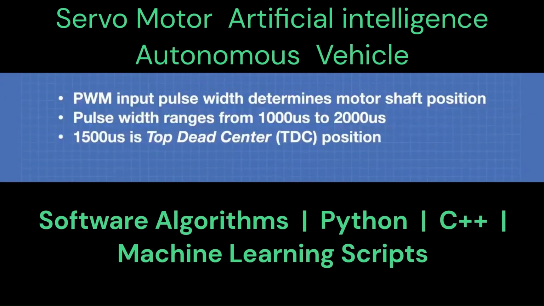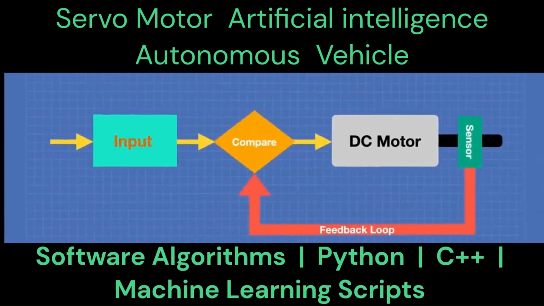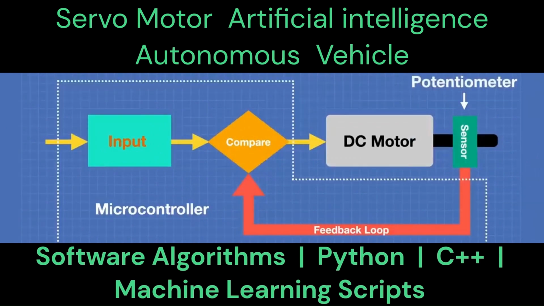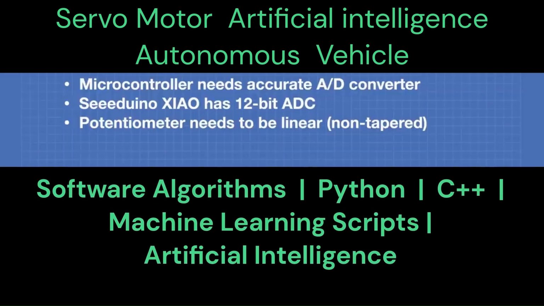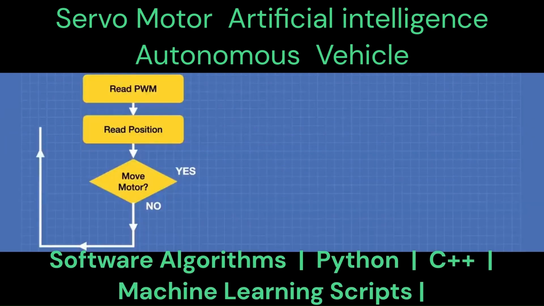Here is a synopsis of the servo motor application with respect to the artificial intelligence autonomous vehicle prototype. A servo motor is a motor whose shaft position can be set using an external control signal.